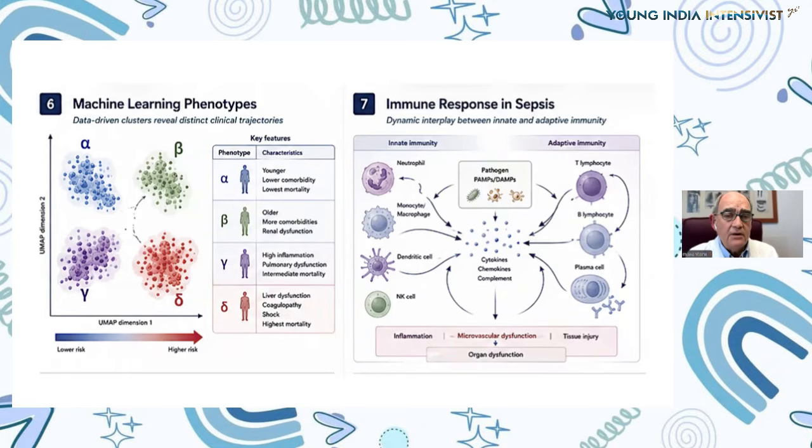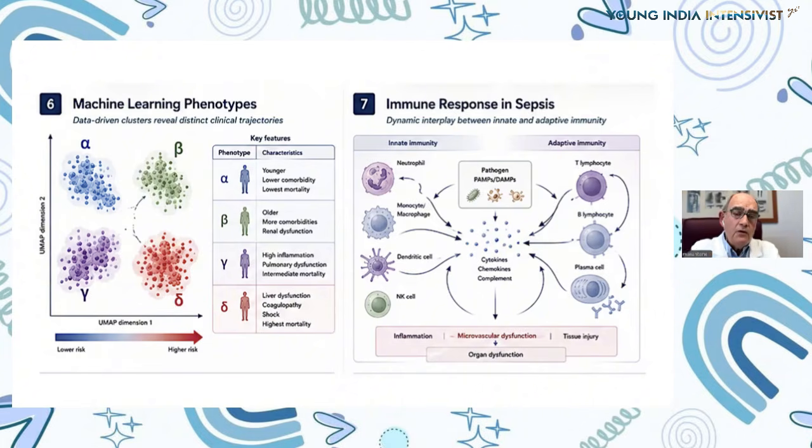That goes from the alpha phenotype, in the upper left part of the graph, where you identify those who are younger, with generally lower comorbidities, and this phenotype is characterized by the lowest mortality rate. We move to an older phenotype where the patient may have more comorbidities and often renal dysfunction.